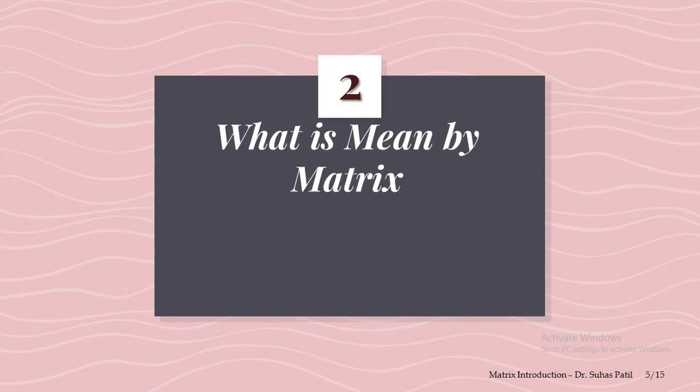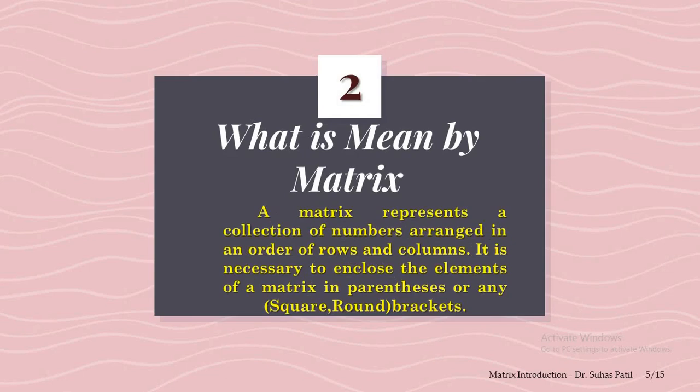Then we have the actual meaning of the matrix. That is, what is meant by a matrix. So let us have the definition of the matrix. A matrix represents a collection of numbers arranged in an order of rows and columns.